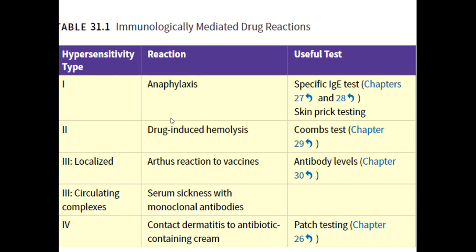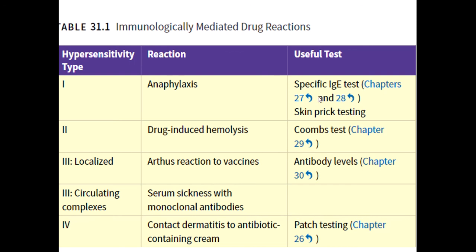So this table will summarize the different hypersensitivity types of reactions and the tests that we do to make the diagnosis. For example, for type 1 hypersensitivity reaction, the one that we call anaphylaxis, or that causes anaphylactic shock, the useful test is the detection of specific IgE antibody.